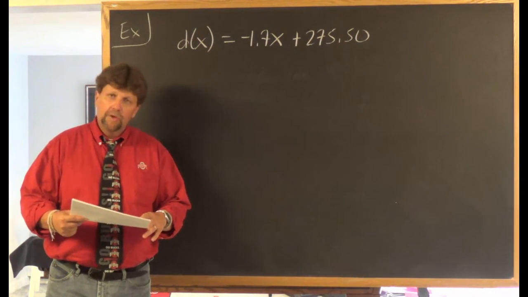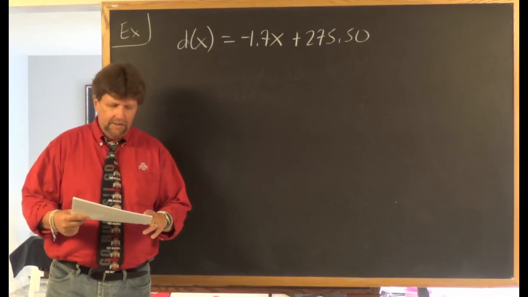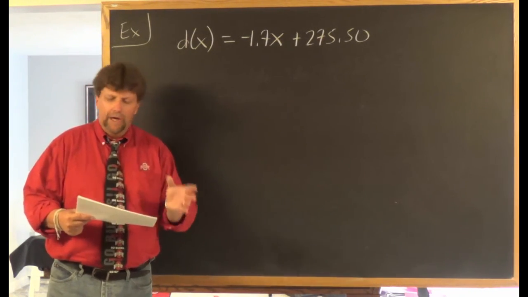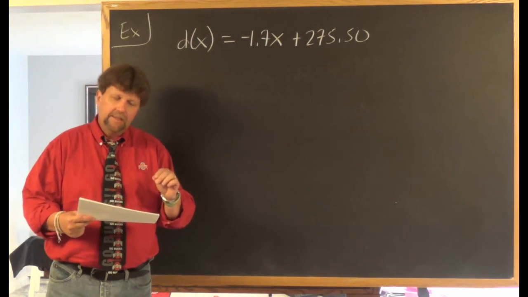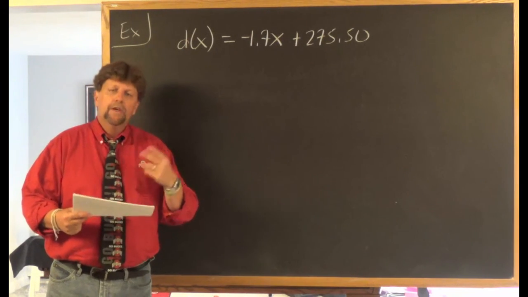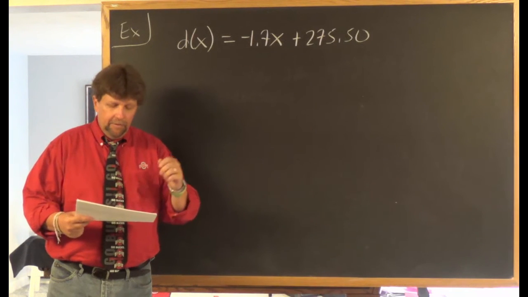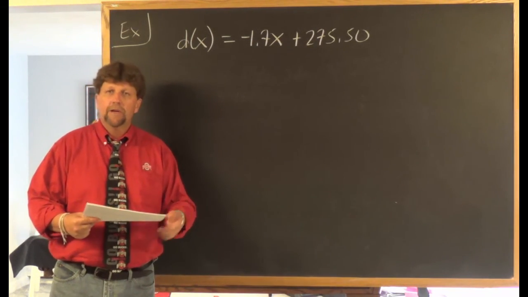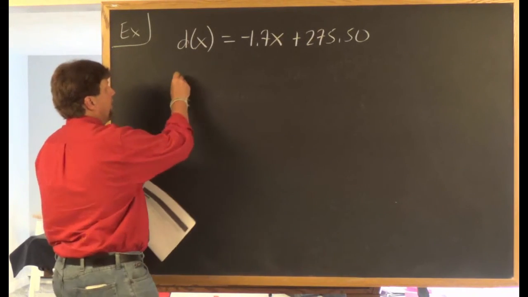Hey folks, the example we just saw: John Snow Tires sells all-terrain tires, and for a certain week, their popular Stark series has a demand function given by this. X is the quantity demanded that week, and D of X is the price per tire. You were asked to do two things in this example: compute D of 30 and D of 51 and interpret each. So here we go, D of 30.